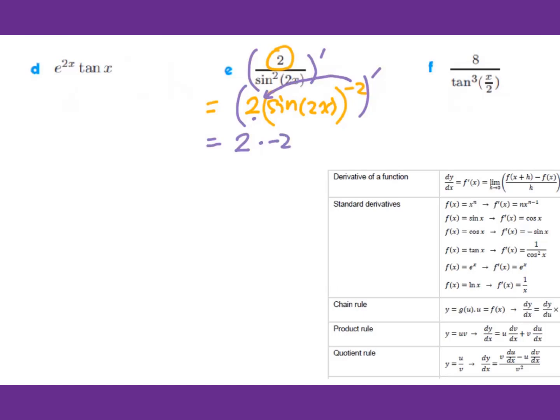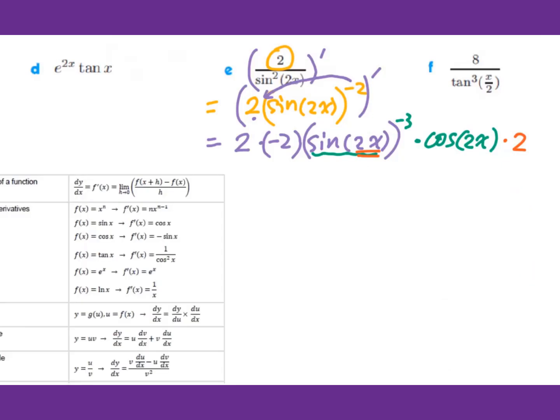You get negative 2 times sine 2x. Then negative 2 minus 1, that's negative 3 power. Then you do the derivative for this sine function, you will get cosine 2x. Then you do the derivative for 2x by chain rule, that is 2. We organize this result. You have 2 times negative 2 times 2, that is negative 8.